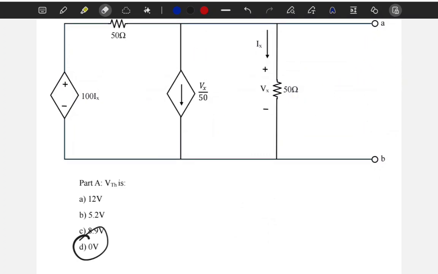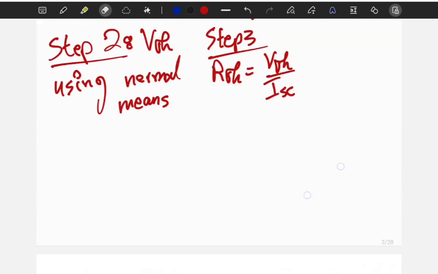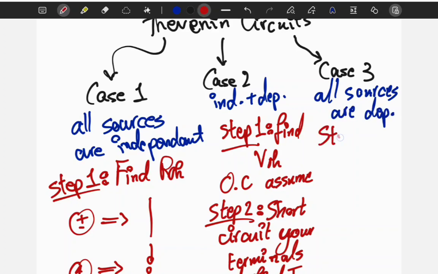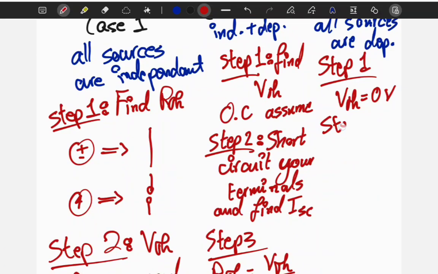So I'm gonna go back to my notes, and for case 3, I'm gonna say all sources are dependent. So for step 1, which is the easiest step, Thevenin is equal to 0. 3 points, right? Step 2, I apply injection method.